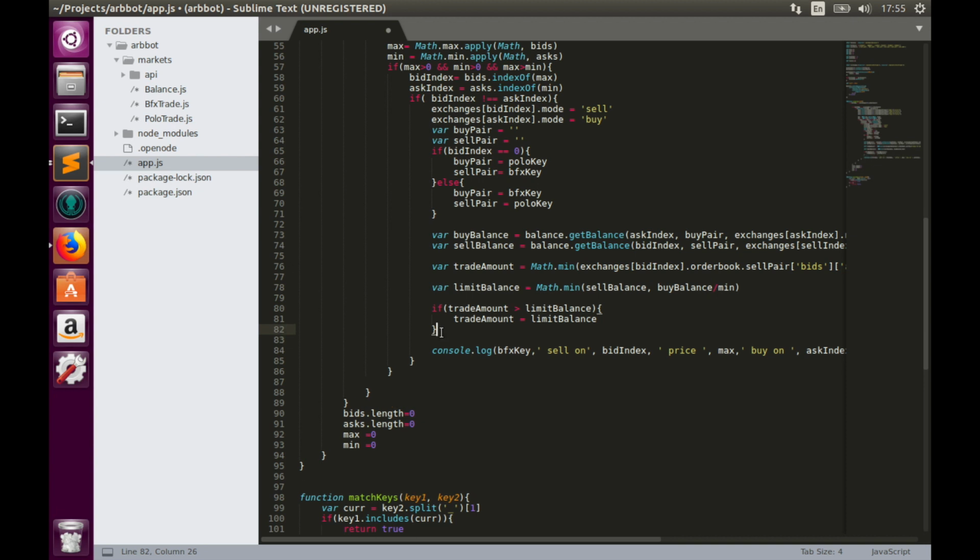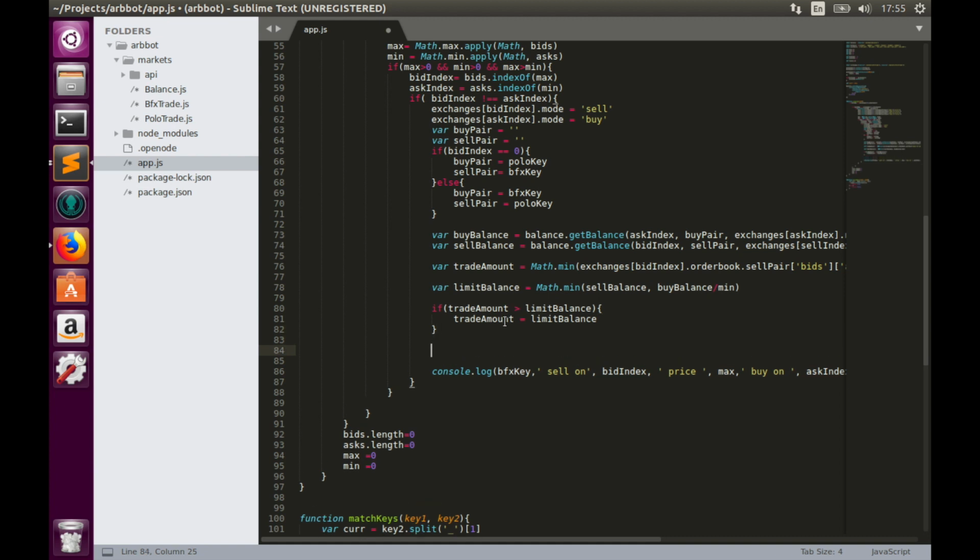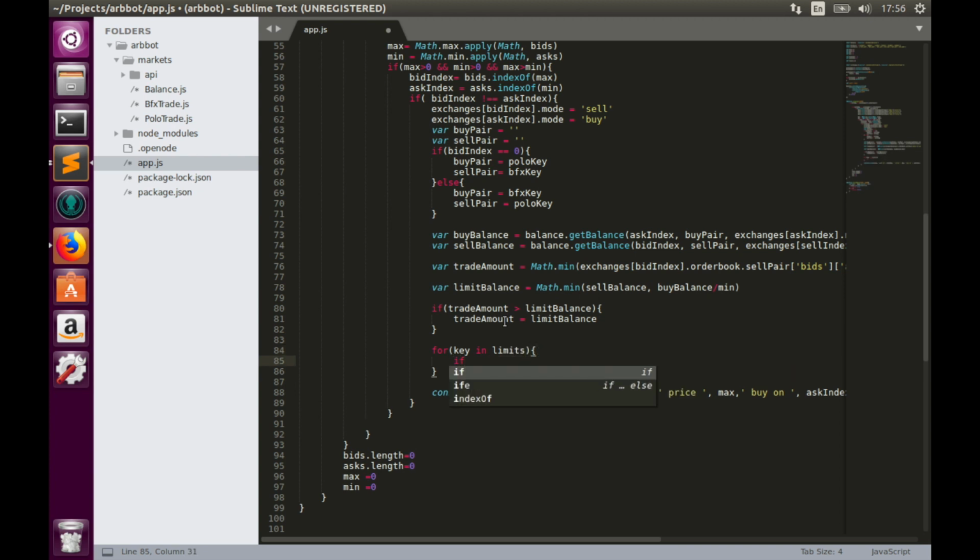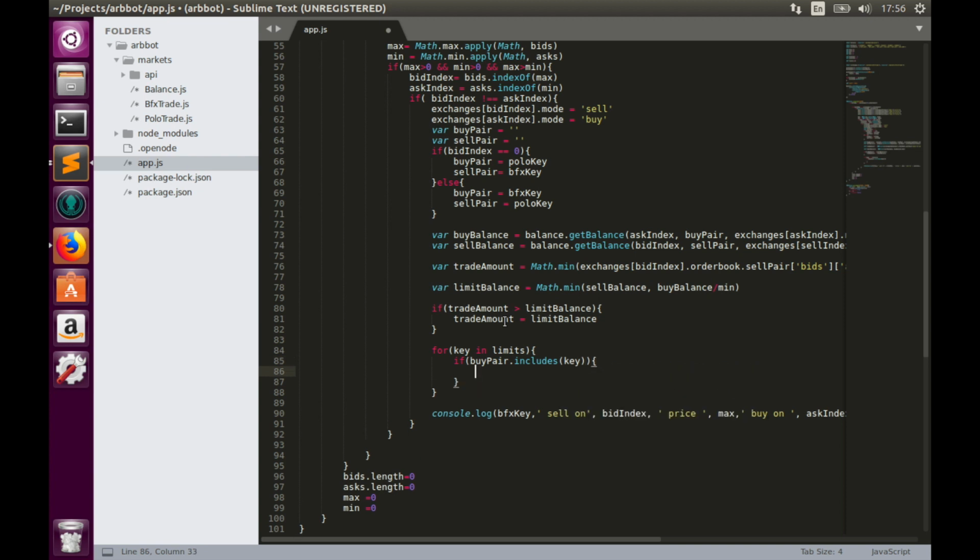And finally, let's check whether the trade amount meets minimal order size requirements. So firstly, let's pull requirements from the limits object for the specific pair we arbitrage. So for key in limits object, and if, for instance, buy pair includes key, then we need to create some variable.